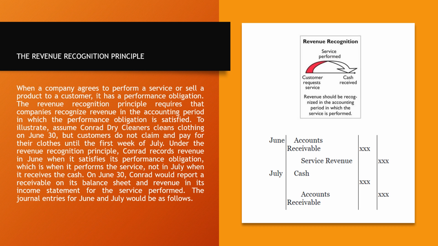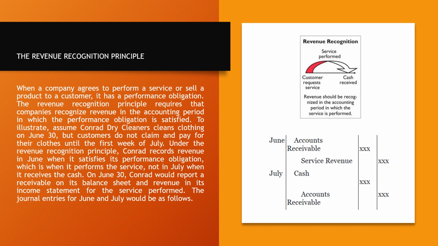So under the revenue recognition principle, Conrad records revenues in June when it satisfies its performance obligation, which is when it performed the service, not in July when it received the cash. On June 30th, the company will report a receivable on its balance sheet and revenues in its income statement for the service performed.